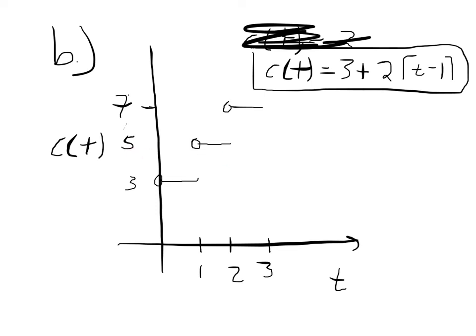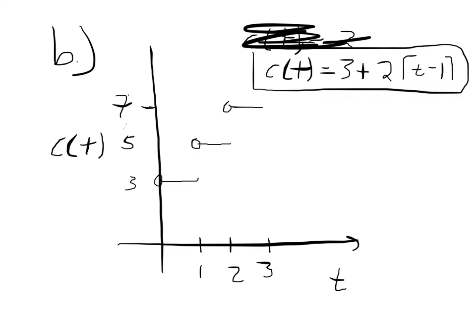So my rule winds up being 3 plus, and then I've got the first hour taken care of, so if I'm at 1.2 hours, let's say, 1.2 minus 1 would be 0.2, round that up to 1, so I'm adding on $2 for that next partial hour past 1.